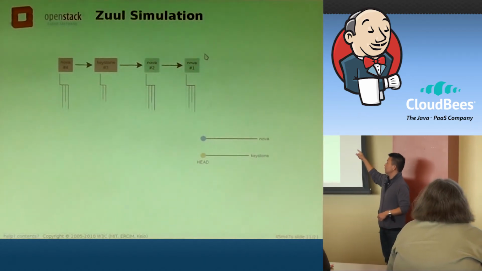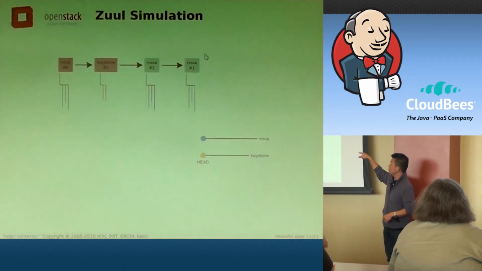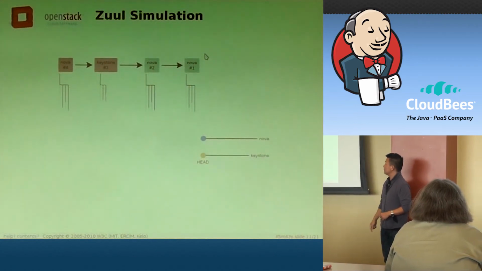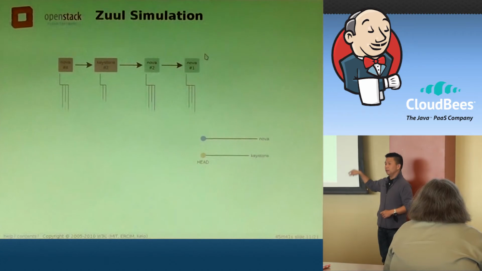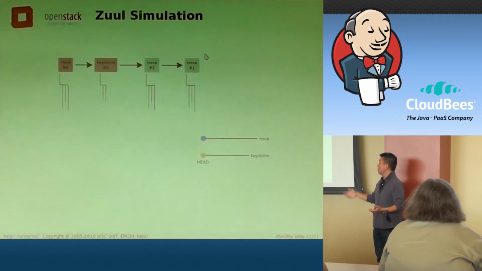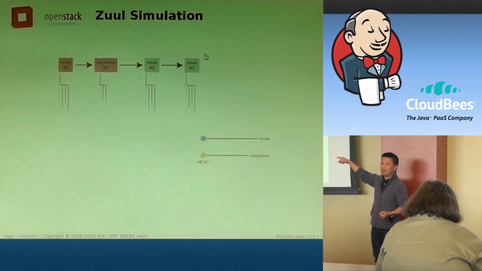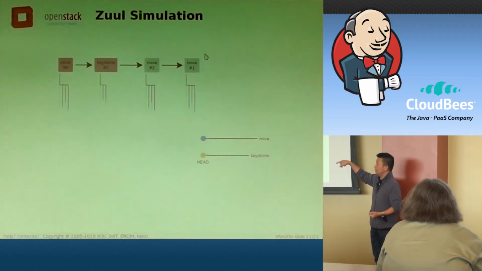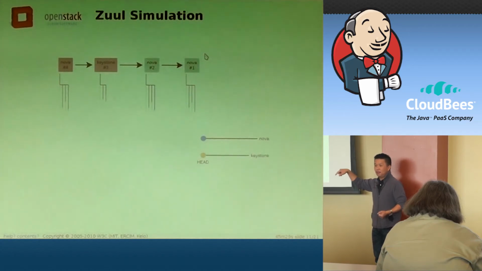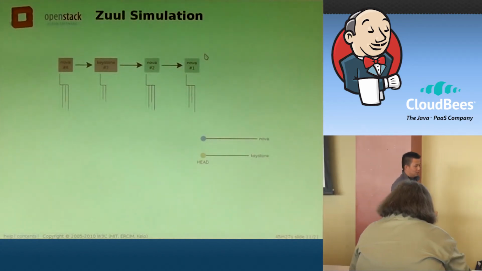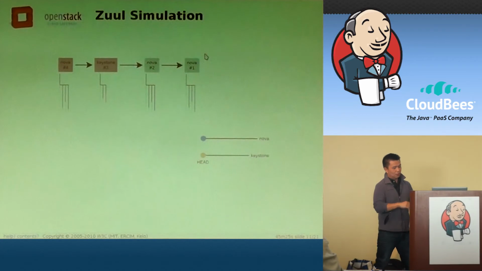Then you'll see that maybe patch 1 and patch 2 passed, but patch 3 failed. We know that patch 3 failed, but why did patch 4 fail? The question is, could it be failing on its own, or could patch 3 have caused it to fail? So what Zuul does is a lot of this rebasing.